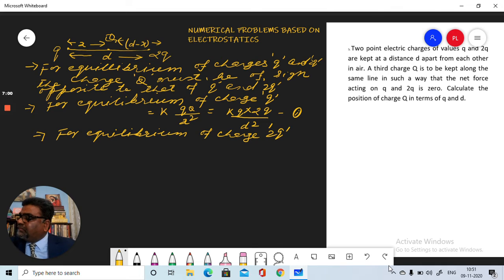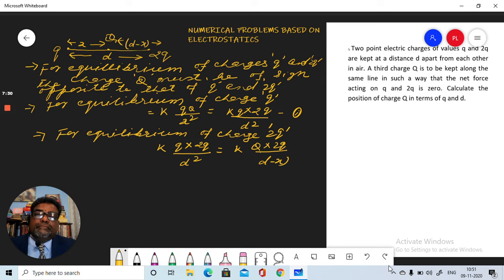Again we will have k q into 2q upon d square, and this will become k into Q into 2q upon d minus x whole square. This is your second assumption.